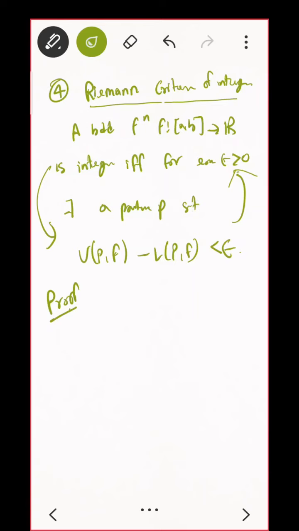Let me start with the first one only. First one कौन सा? Suppose f is integrable, then we will prove this. Is it okay? Then prove this. Means what? We are given epsilon. We have to find a partition P such that UPF minus LPF is less than epsilon.